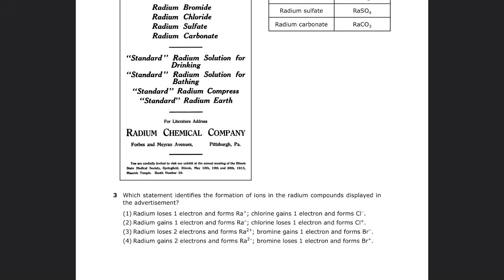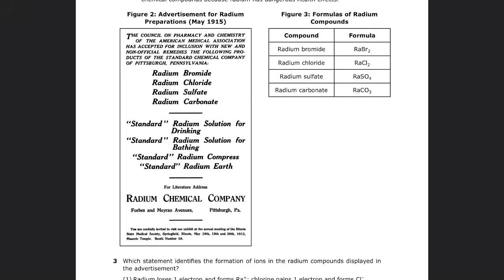So question number 3, it says, which statement identifies the formation of ions in the radium compounds displayed in the advertisement? And then it's saying, how many electrons radium gains or loses, and then what happens to its respective anion. So the first thing that we have to do is identify that in each of these compounds, radium is listed first.